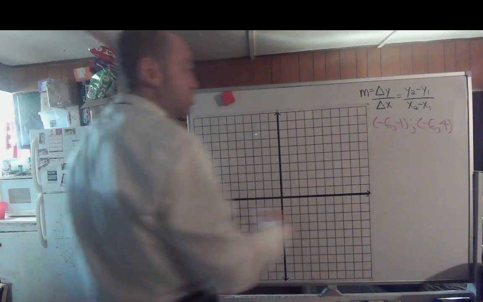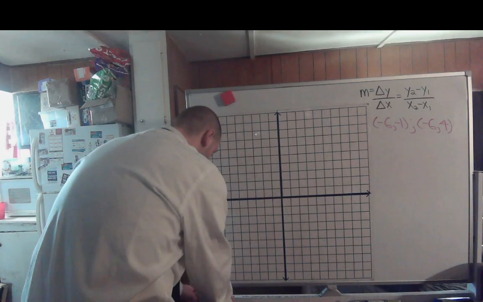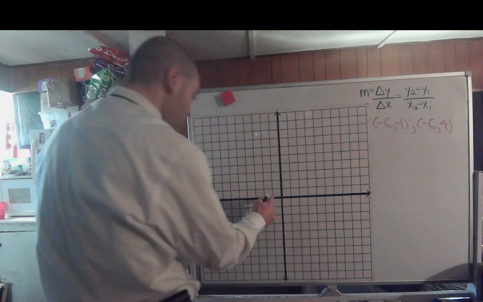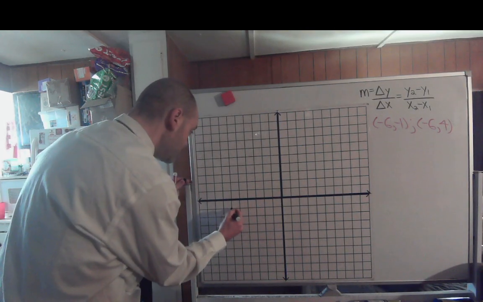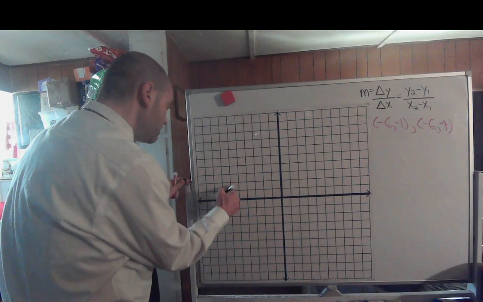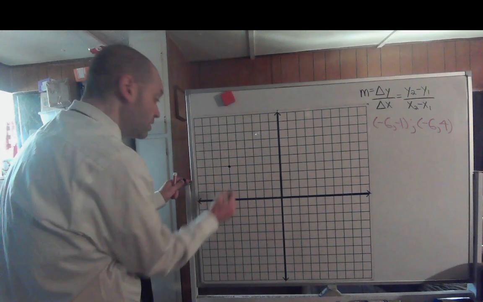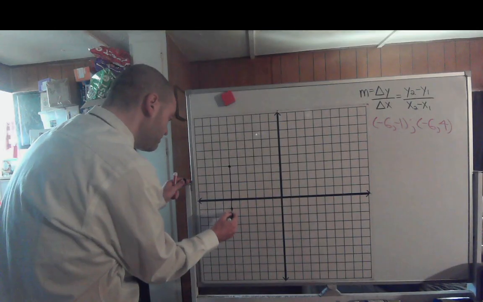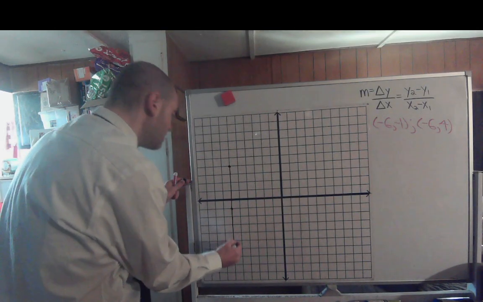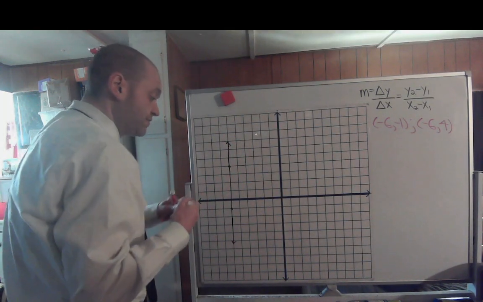So we're going to find the slope between the points (-6, -1) and (-6, 4). Here's (-6, -1). Here's (-6, 4). Notice you get a straight up vertical line. If we remember right, the slope should be undefined for a vertical line.